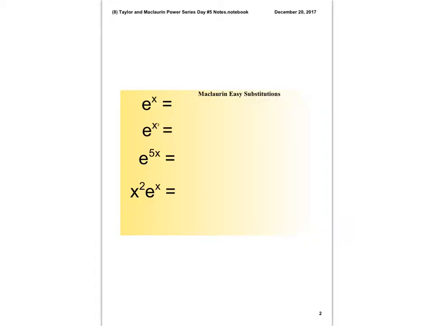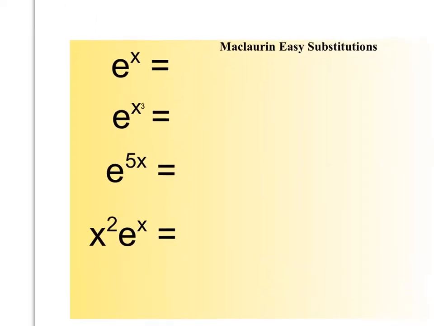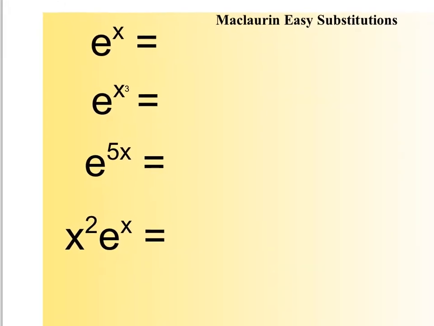Alright, so here I've got an interesting deal on Maclaurin. When you do a series expansion for e to the x, or really any function for that matter, there becomes a nice easy substitution along with it.